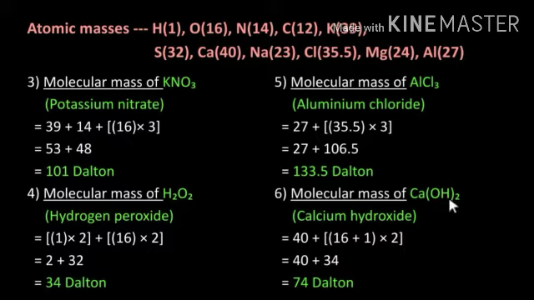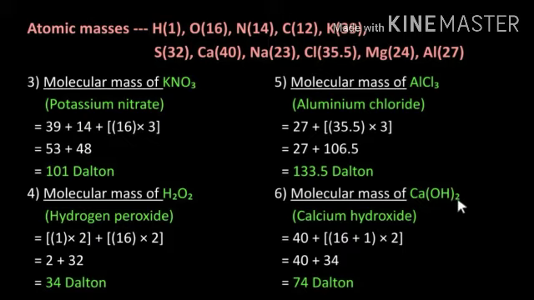Now next is molecular mass of calcium hydroxide, that is Ca(OH)2. Atomic mass of calcium is 40, then into bracket, that means this OH is to be taken into bracket, and here atomic mass of oxygen is 16 plus atomic mass of hydrogen is 1, that is 16 plus 1.